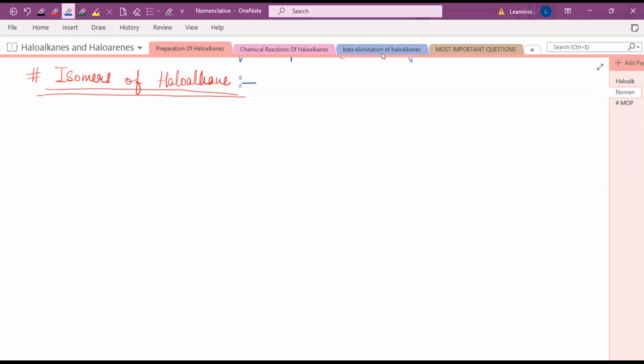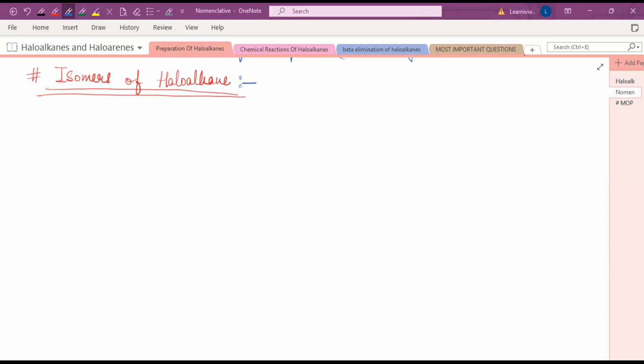Like molecules which have the same molecular formula, the structure is different though. Yeah. So basically, isomers are different compounds which have the same formula but different arrangement of atoms. In the same molecular formula, you will see a different arrangement of atoms.